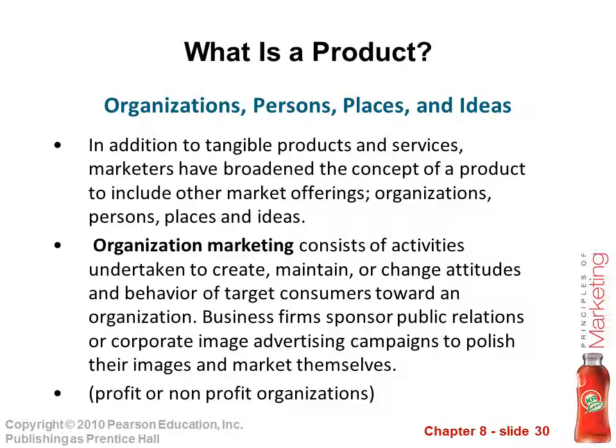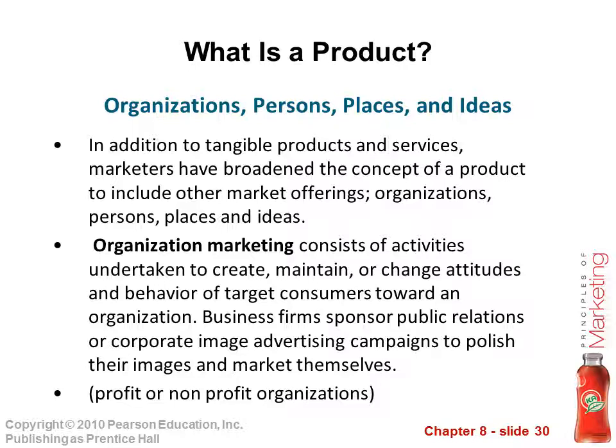At this point, we have different types of marketing, like organizational marketing, personal marketing, and location marketing. In addition to intangible products and services, marketers have broadened the concept of a product to include other market offerings: organizations, persons, places, and ideas.